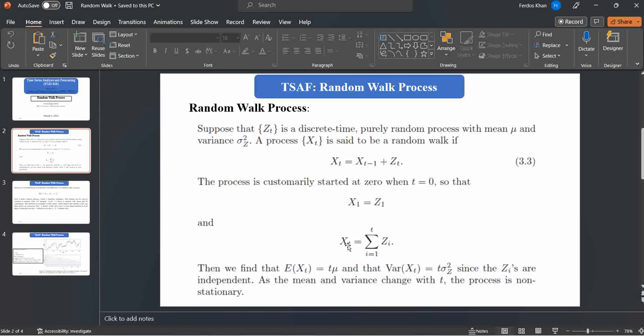For t equal to 2, this will be z1 plus z2. For t equal to 3, it will be z1 plus z2 plus z3. If t equal to 5, this will be the sum from 1 to 5: z1 plus z2 plus z3 plus z4 plus z5, and so on. Therefore, you don't need to look here, because this is the result which you derived from here.